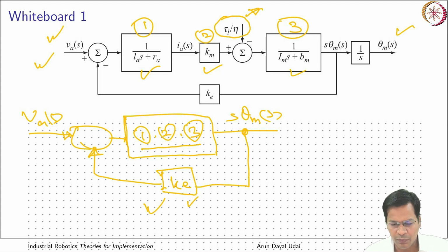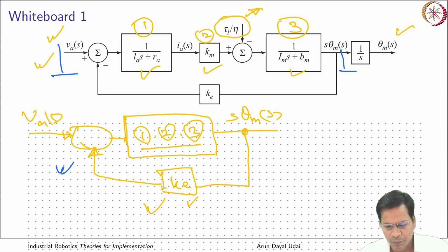So yes, the total transfer function for all of this system, from here to here, can be given by this, and that can be calculated as output, that is s theta_m(s), by input V_a(s), which should be equal to G(s).